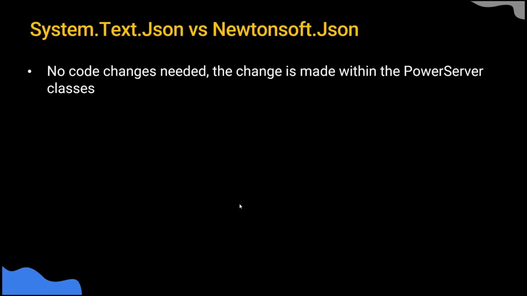Now, for this performance improvement, you don't need to make any changes in code. You just need to migrate to PowerServer 2022 because the changes are all handled internally within the framework.